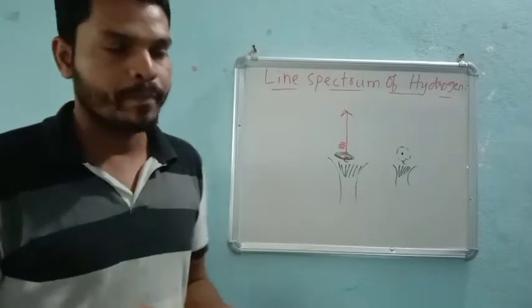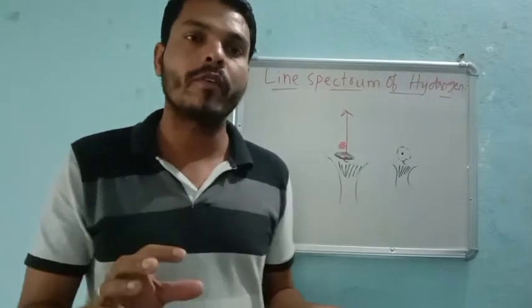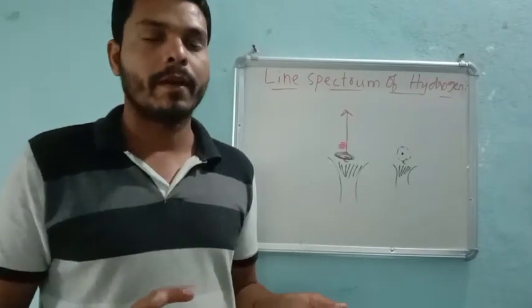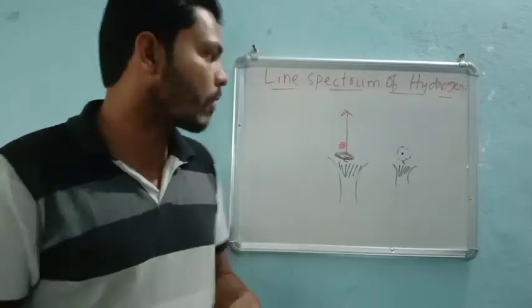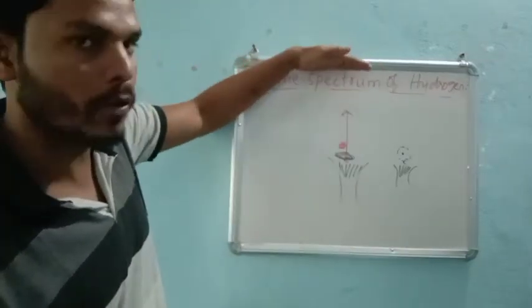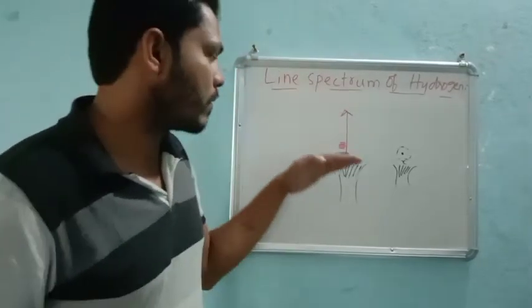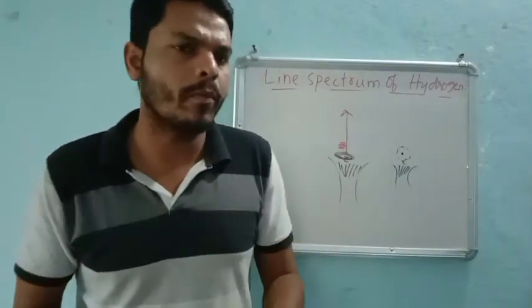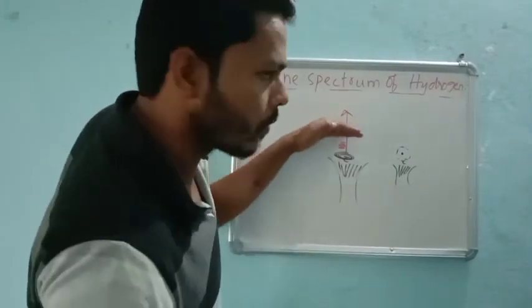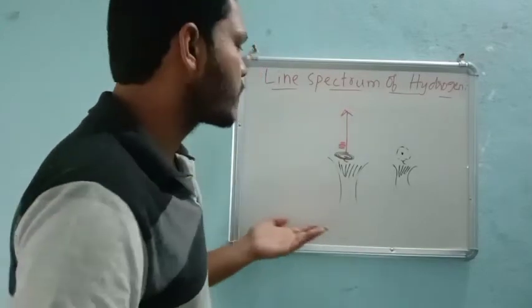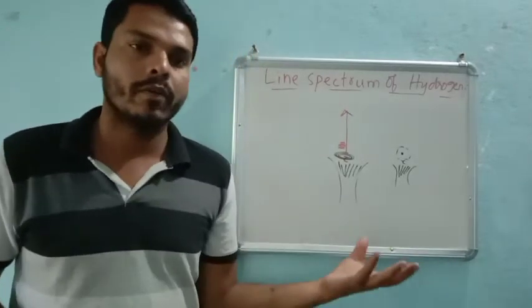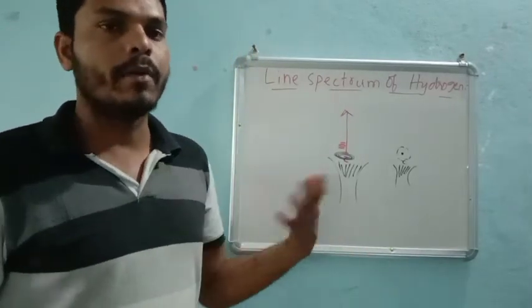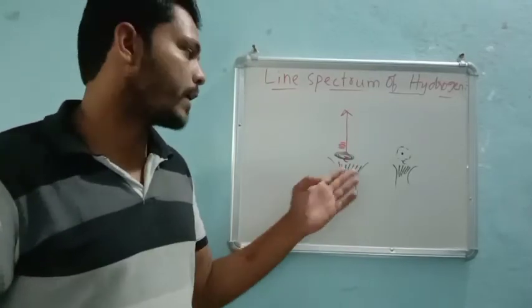It depends on the amount of energy gained. If the electron gains more energy, it might go up to here. If it gains a small amount of energy, it will be restricted over here itself. So it depends on the energy we have provided and the absorption of energy by the electron.